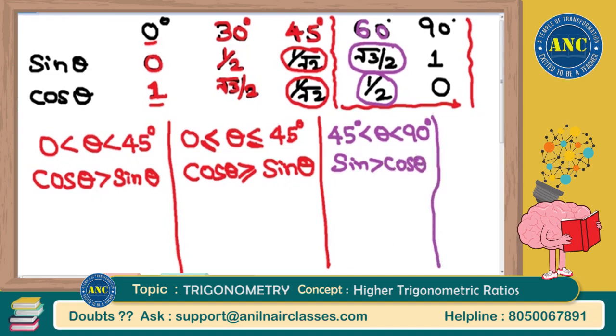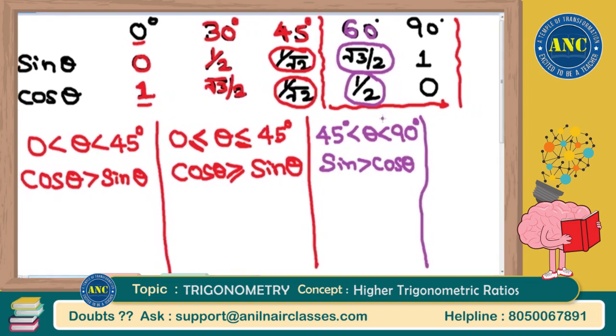But if I take this theta and make it equal to 45 degrees and less than 90, or less than or equal to 90, it makes no difference. For greater than 45, sin theta will be greater than cos theta.